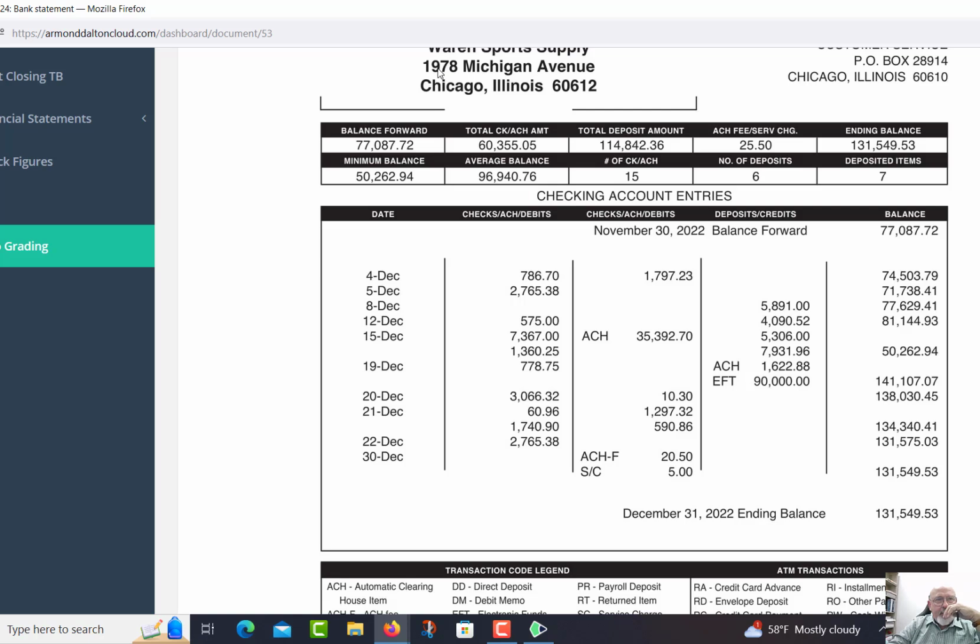We're going to go to the year-end unadjusted trial balance. Whatever balance is in purchases, which is normally a debit, we're going to post as a credit. Whatever balance is in purchase returns and allowances, we're going to post as a debit, because purchase returns are a credit, and the same thing for purchase discounts.